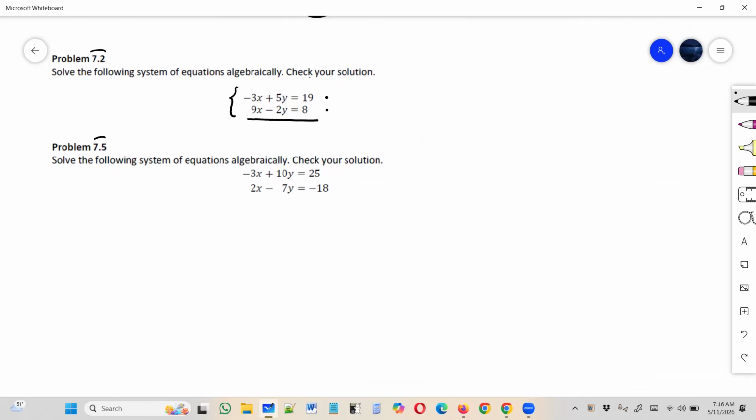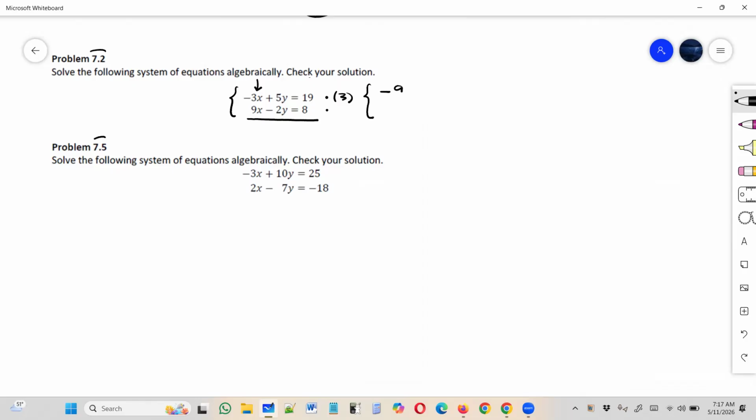So notice that in this case, because 9 is a multiple of 3, it is easy if I multiply the first equation by 3 to cancel x. Look what happens. Now, when we multiply one equation by a number, you multiply every single term.